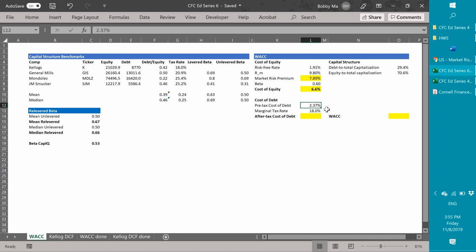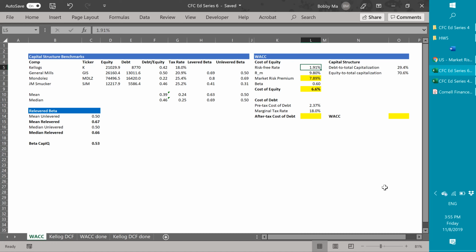And so now we're going to calculate the cost of debt. So this 2.37% is the yield on a Kellogg's bond. So if we invest in a Kellogg's bond, what's our yield on the bond? This 1.91% and 2.37% mean different things.